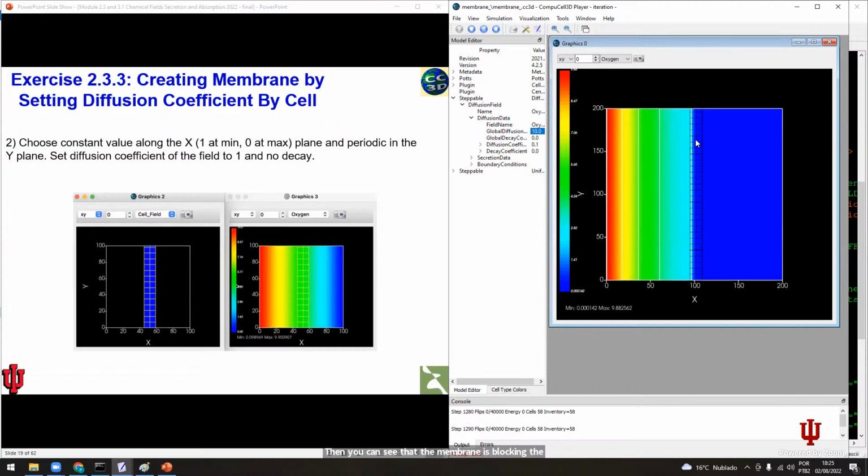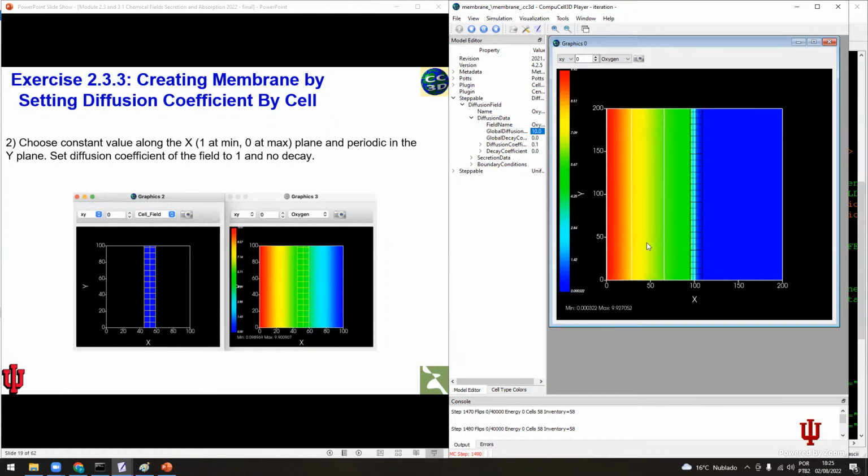So now the field is penetrating the membrane with a lower diffusion constant. So this is a semi-permeable membrane, something like that.